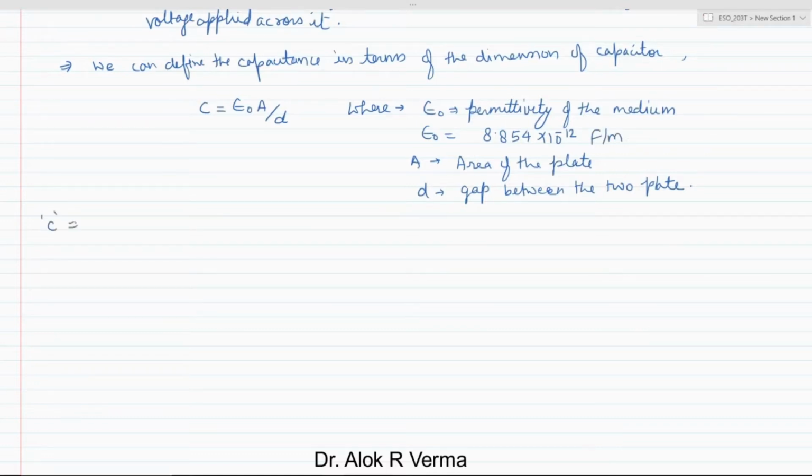Capacitance is given by the formula epsilon naught A by d.